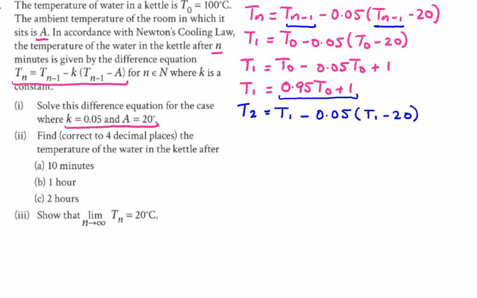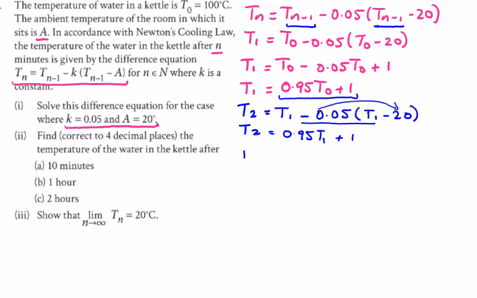We have T1 up above here, we need to substitute it in. So T2, similar to the first one, is going to be the minus 0.05 T1, so we're going to get 0.95 T1 plus the 0.05 by the minus 20 plus the 1.